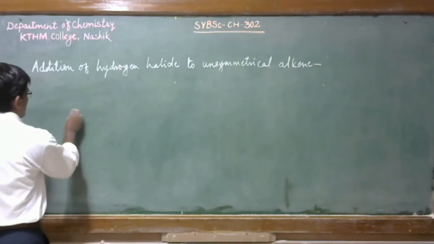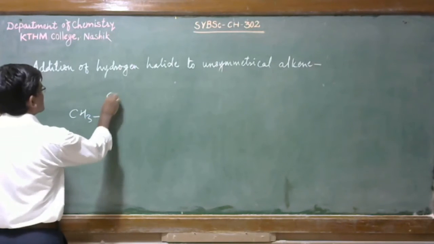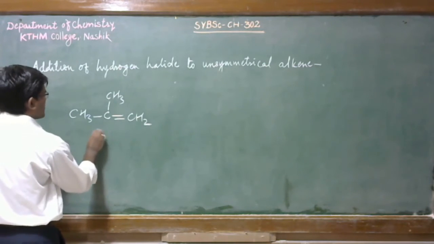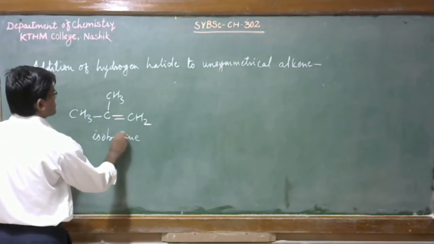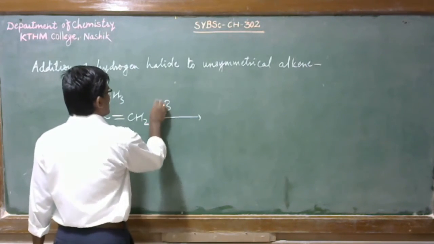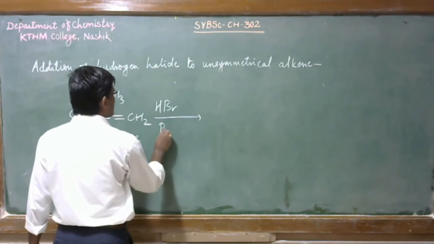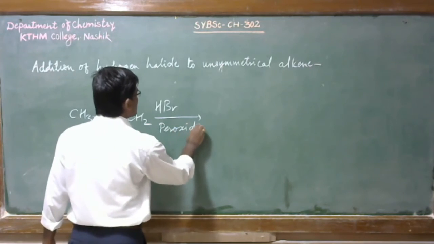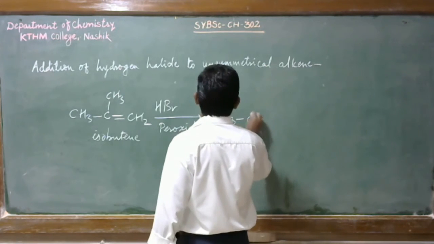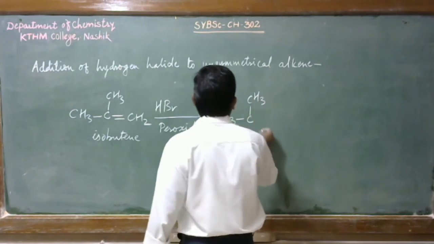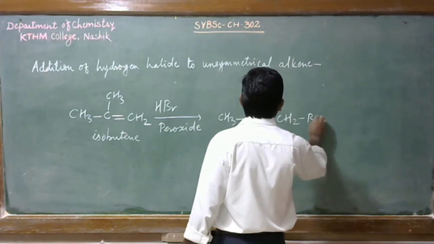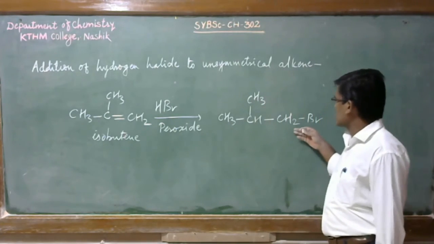When you have isobutene in the presence of peroxide, it will give this primary alkyl halide.